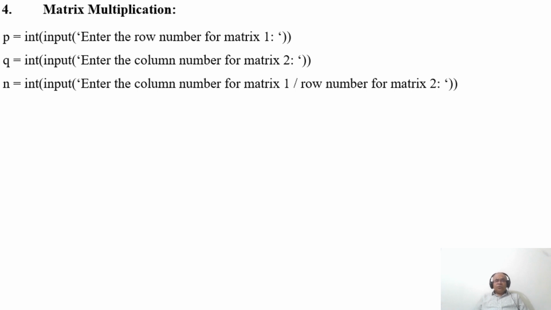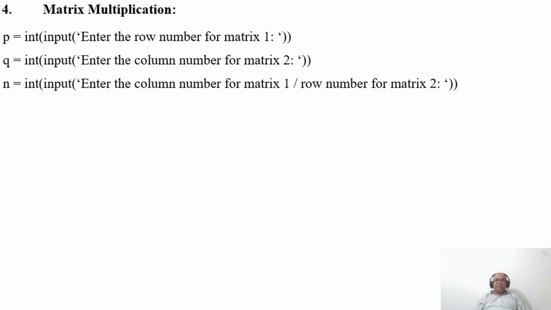So now, how to go about writing a program for matrix multiplication. To do that, first I am going to declare one variable P, wherein input, enter the row number of matrix 1. Whenever I give the input for the matrix, it will always be considered as a string.